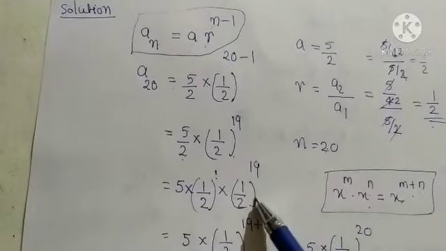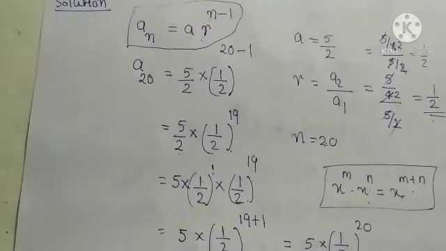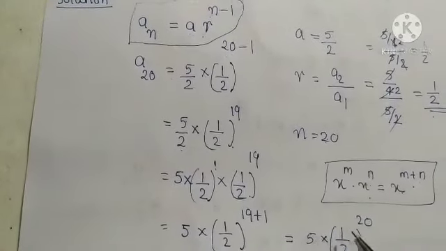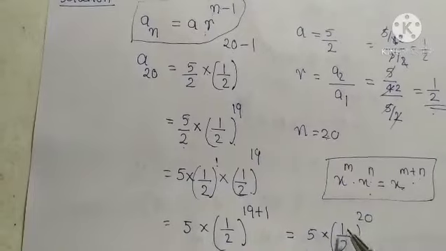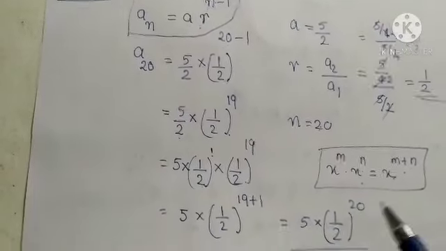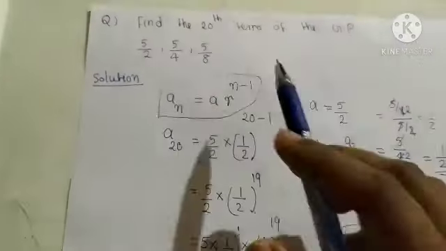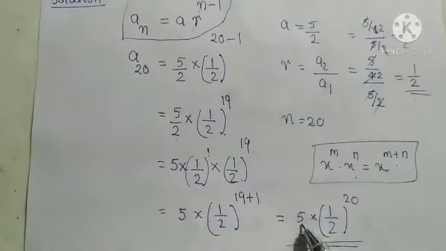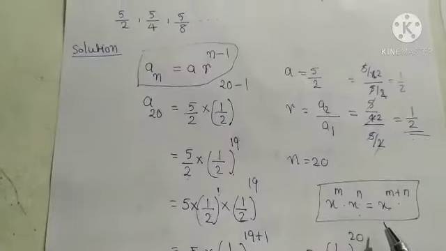So this can be written as 5 into (1/2) raised to 19 plus 1. So we get 5 into (1/2) raised to 20, and this is our final answer. That means the 20th term of this GP is 5 into (1/2) raised to 20.